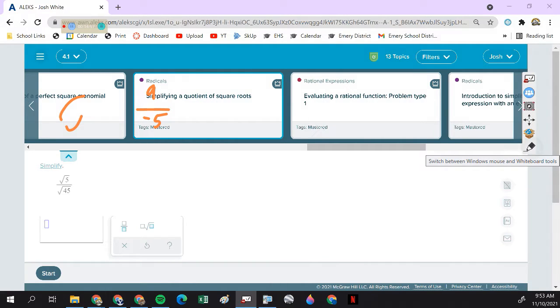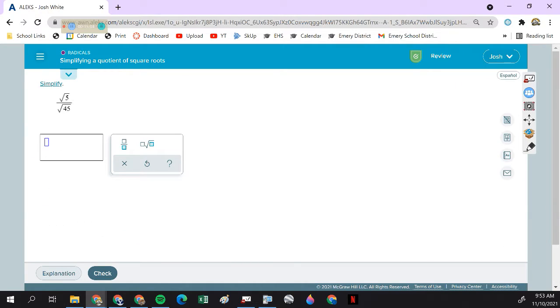Okay. So here, the top and the bottom do not square root evenly. So I'm going to break them down. 5 has no factors, so we leave that. What goes into 45? 9 and 5, 3 and 3. Can I bring anything out?